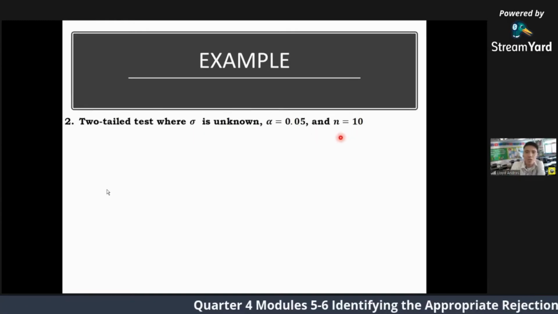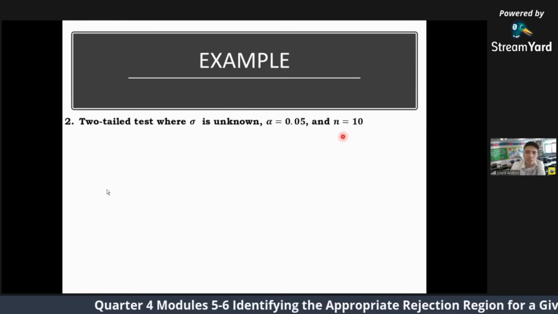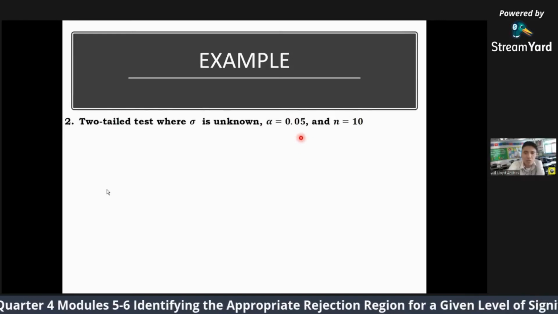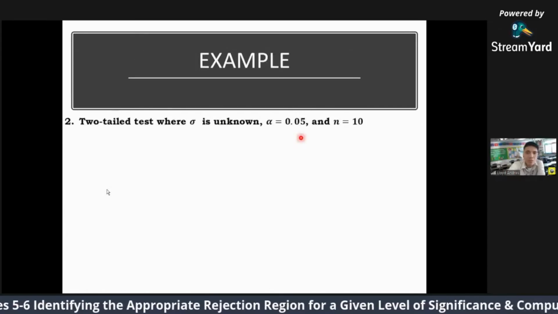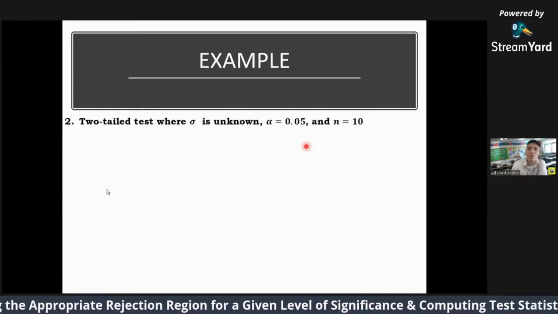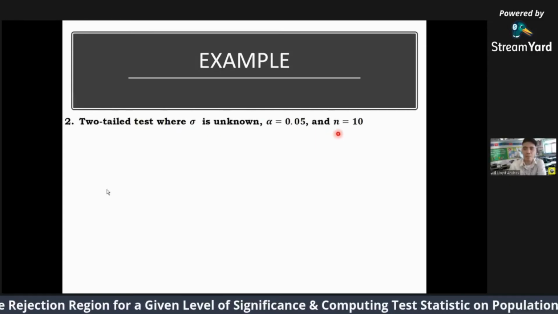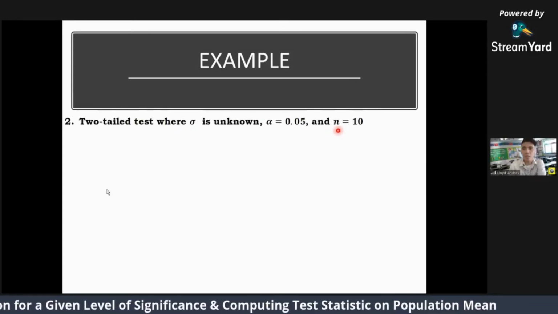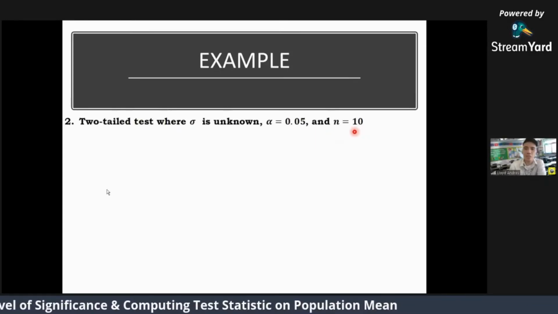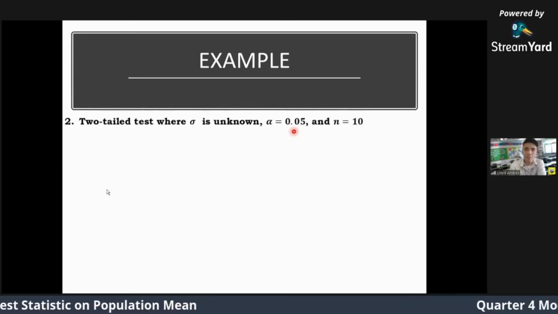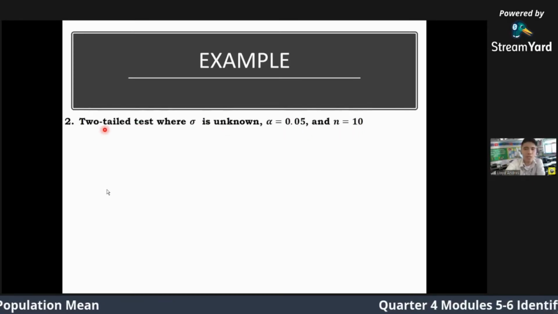Basta unknown and then less than 30, t-test ta. So dito ta sa table sa t-test. Sa pagpangitag t-test, kailangan nato si degree of freedom. Degree of freedom nato since n is 10, so degree of freedom nato is 9.